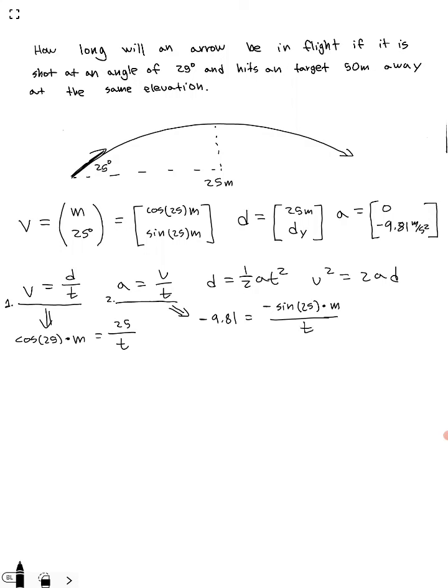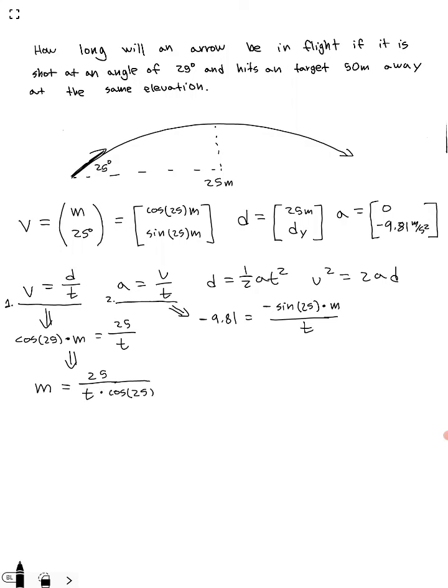So we got 2 equations here, and in fact what we have right now is a system of equations. We have 2 equations and 2 variables, and it should be possible to solve this system of equations as long as nothing cancels out too badly. Now, obviously, there's a couple ways to do this, but what I'm going to do is isolate for m. For this equation over here, m is equal to 25 over t times cos 25.